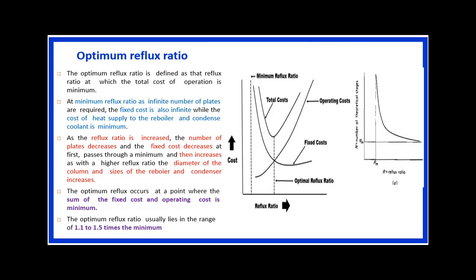For that purpose, if you draw the graph of reflux ratio versus cost, as industries require economical feasibility for the distillation process, they always require the minimum cost. So optimum reflux ratio is a pure economical approach, right?